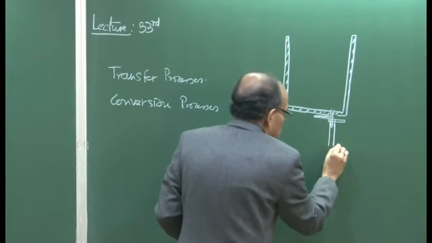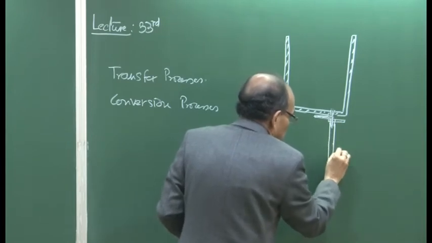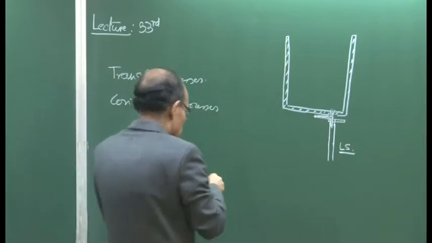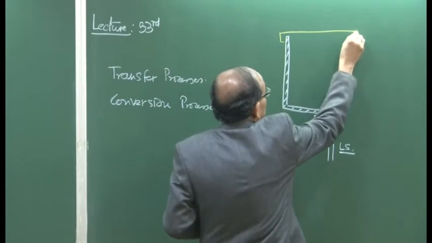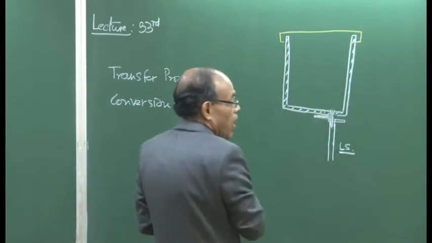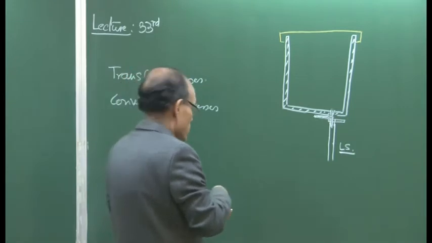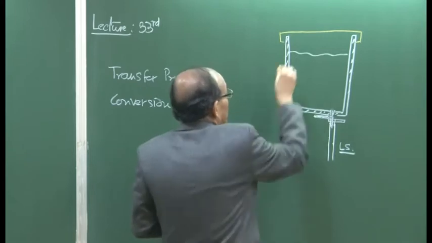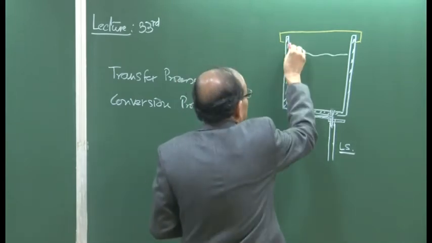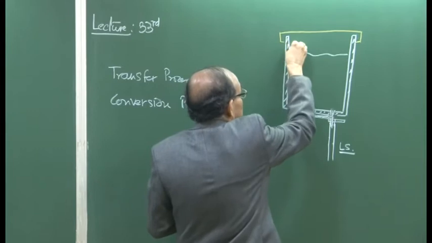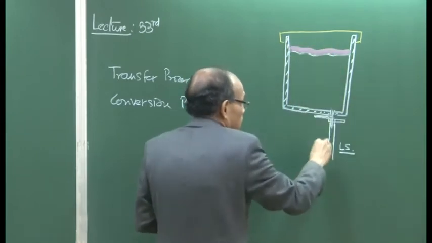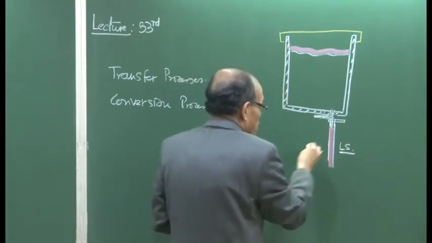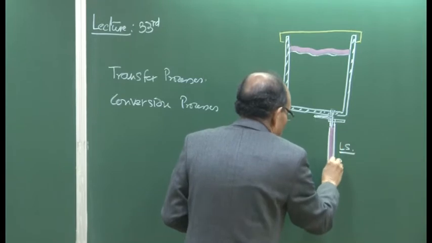And the ladle is physically covered. There is no argon bubbling now, and we have a free surface of the ladle, and we have a slag layer sitting at the top, and the molten metal is being drained through the bottom. That is the typical scenario, and that is what we were talking about.